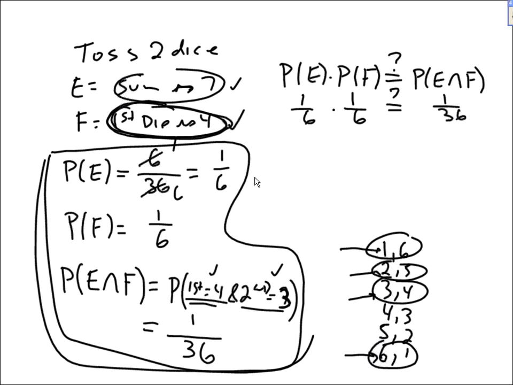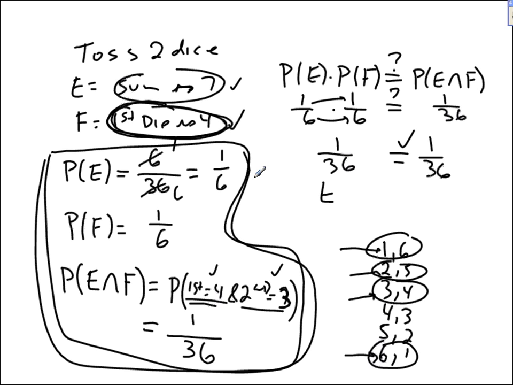From my calculations down here. 1 times 1 is 1. 6 times 6 is 36. Does that equal 1 over 36? Of course it does. So in fact, E and F are independent.